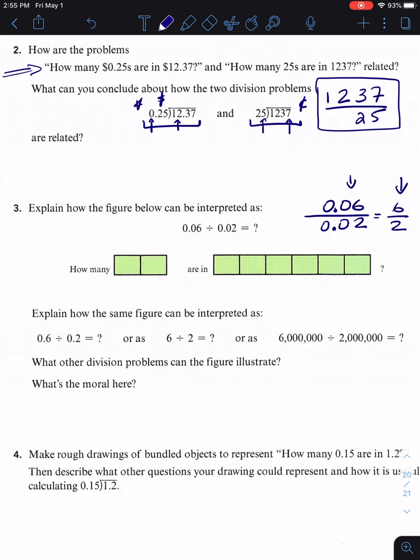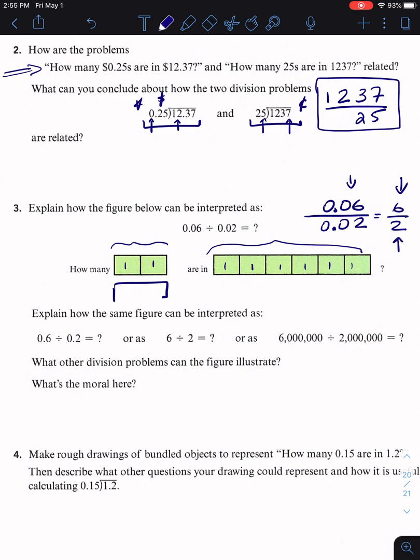So for example, if we're looking at how many of these blocks there are in these many blocks, and we count 1 in each one of these, this question would be how many 2s are there in 6. So that would be this version.